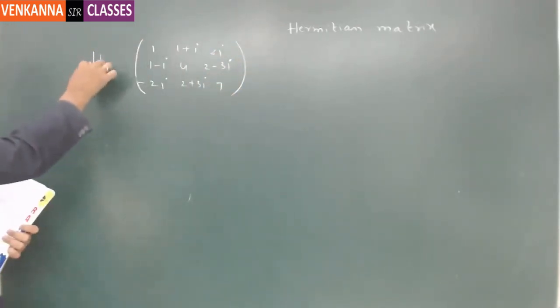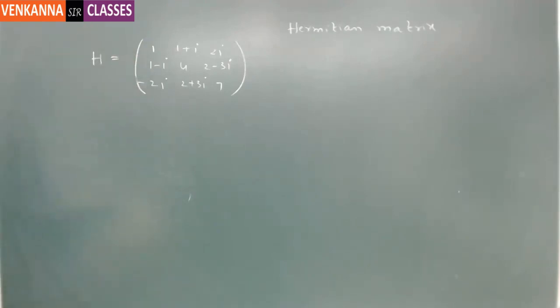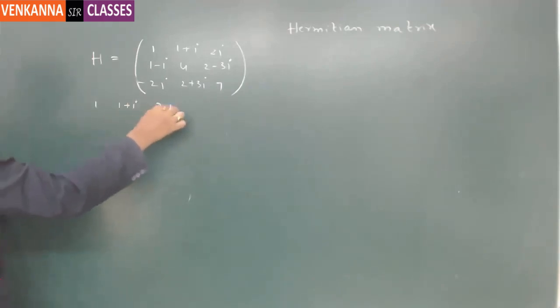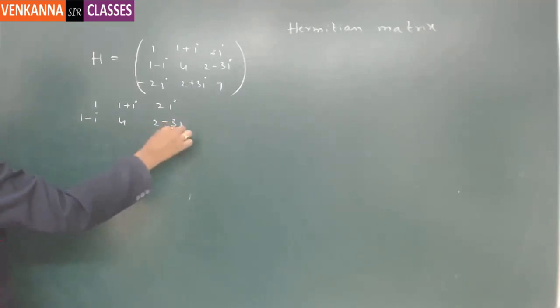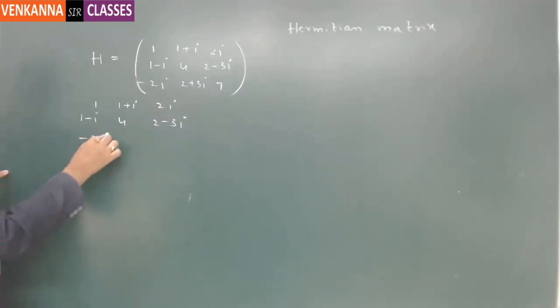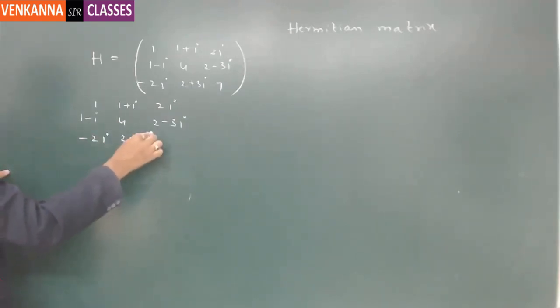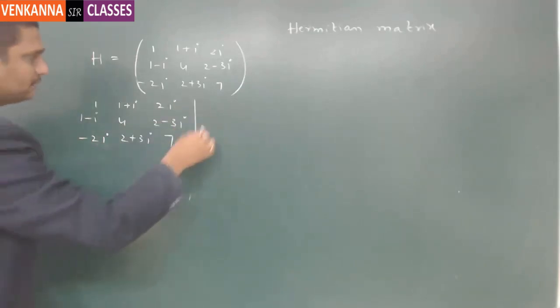This is my Hermitian matrix H. Now, from this, I am writing the augmented matrix as 1, 1 plus i, 2i; 1 minus i, 4, 2 minus 3i; minus 2i, 2 plus 3i, 7, oblique.